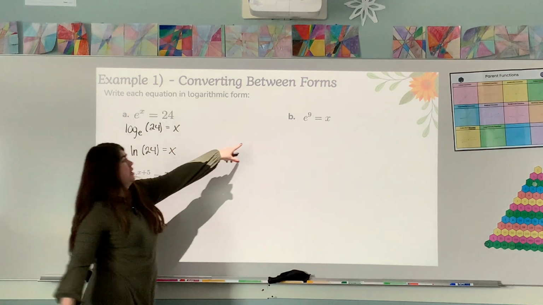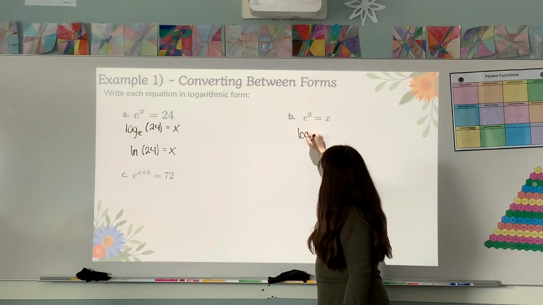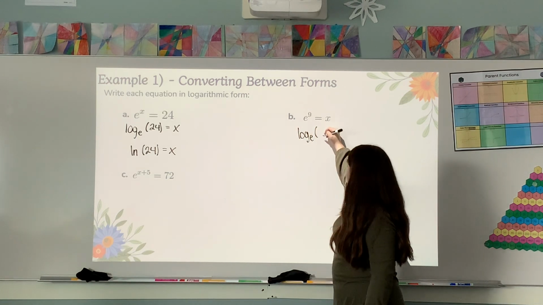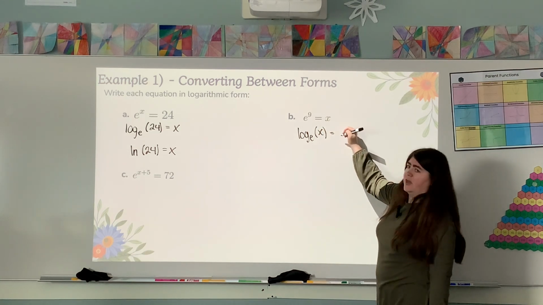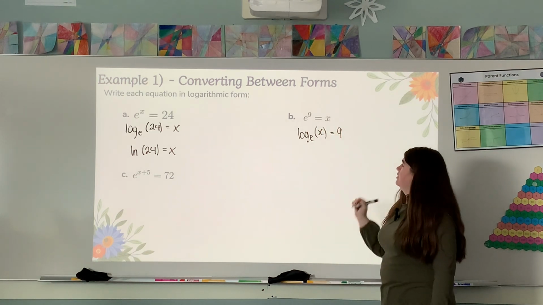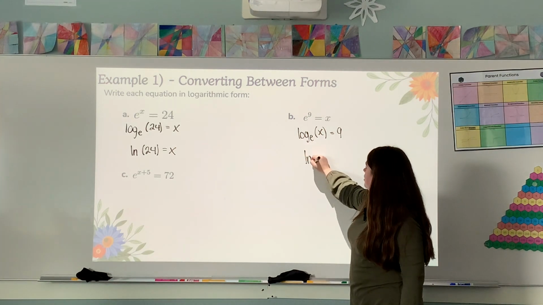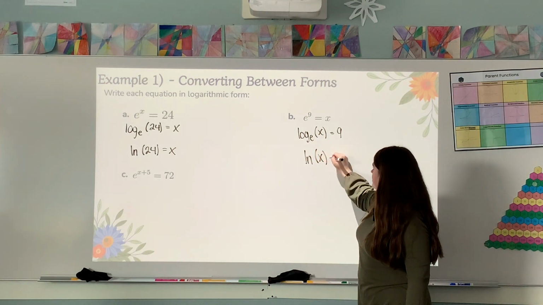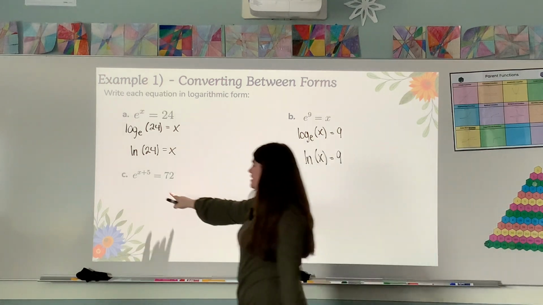So then in part B, we would have log base E of the answer, x, is equal to the exponent, 9. So then that would be the natural log of x is equal to 9. So then for C, what are we looking at?